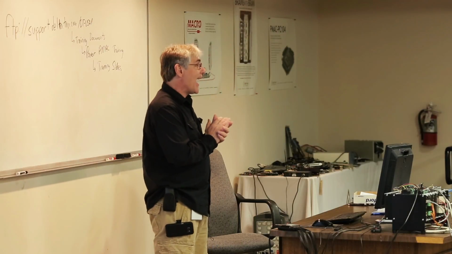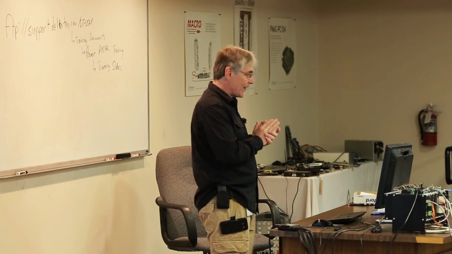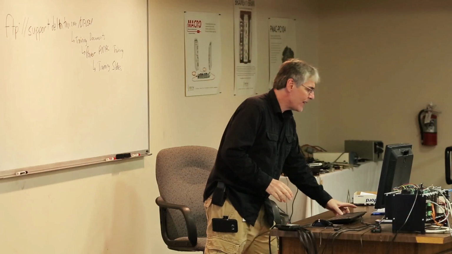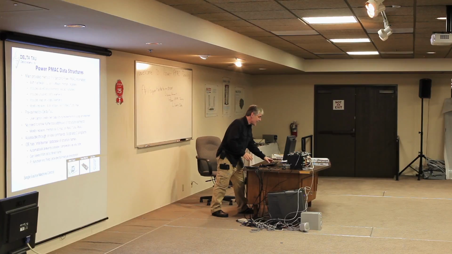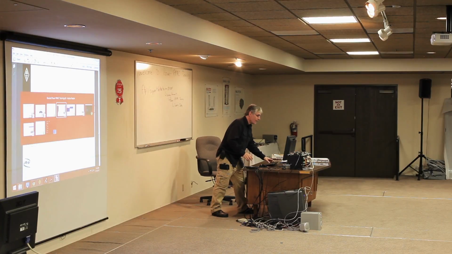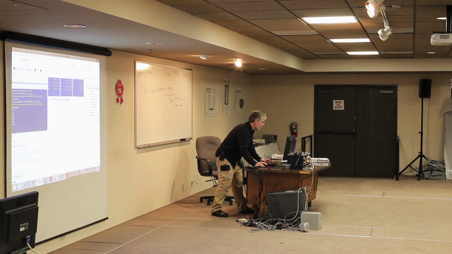The Power PMAC data structures are accessible through online commands, both in script and C programs, and in the IDE. Remember I talked about this in IntelliSense. As you're typing in these structure names in the IDE, I'm going to start typing a structure name that I'm aware of, MOT, so motor.